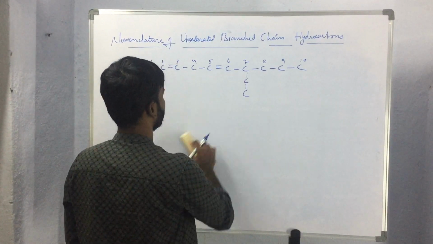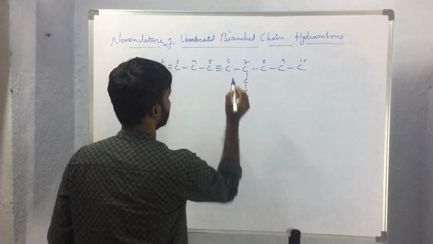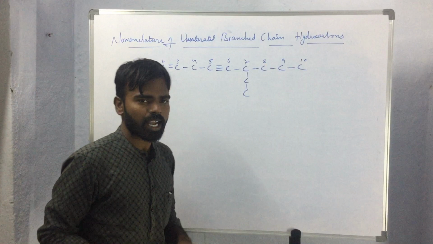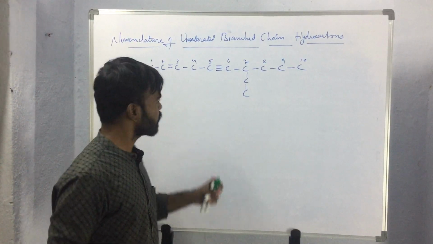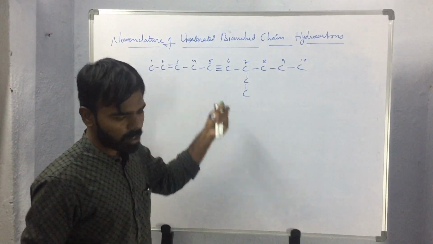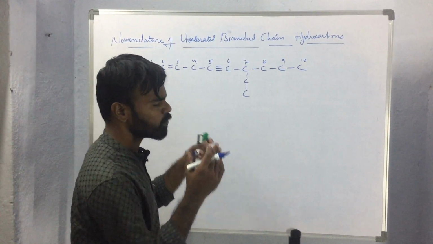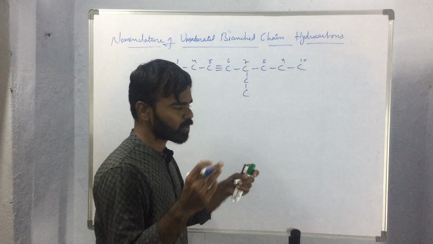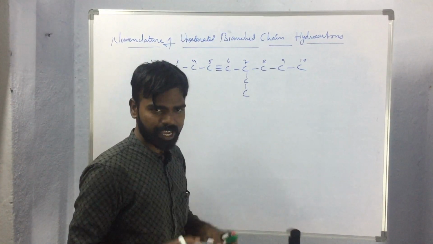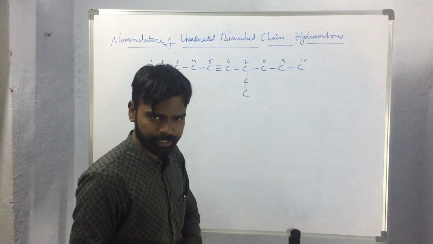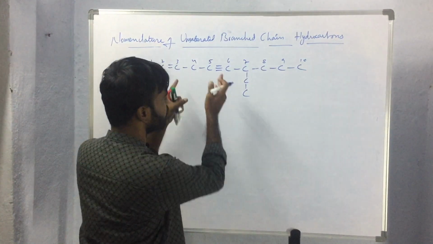If at all, in case of combined unsaturations, what will we be doing? So here in this case, the same rules that we applied to the straight chain compounds having combined unsaturations, the same rules we will be applying here also.